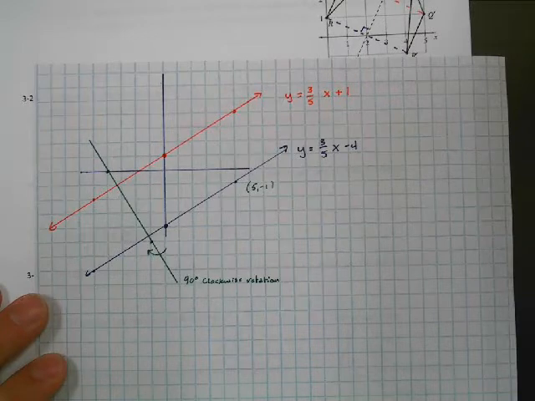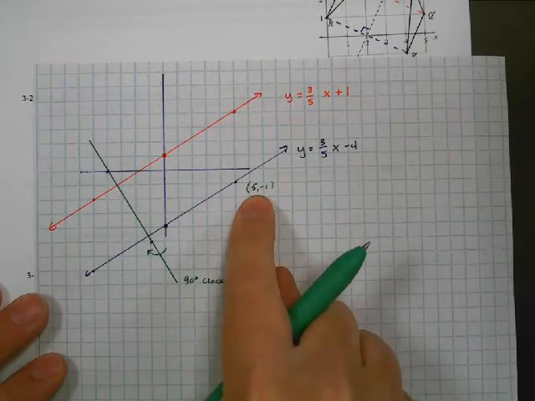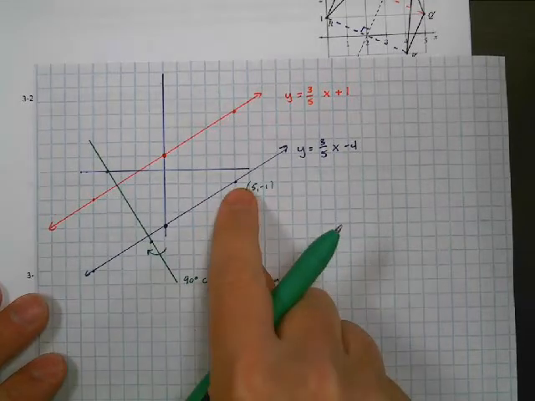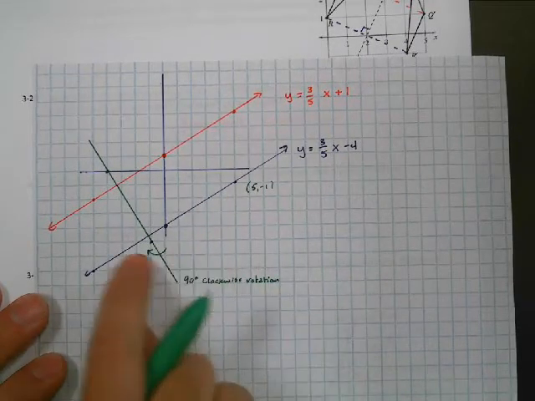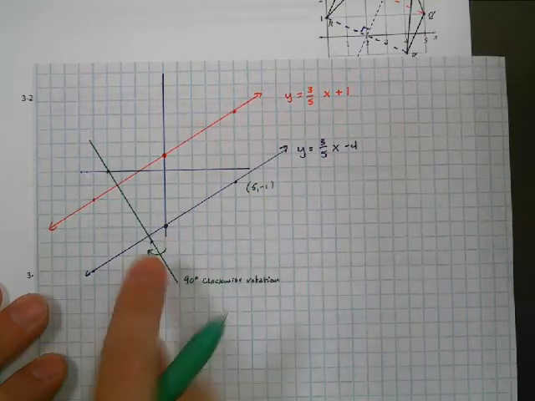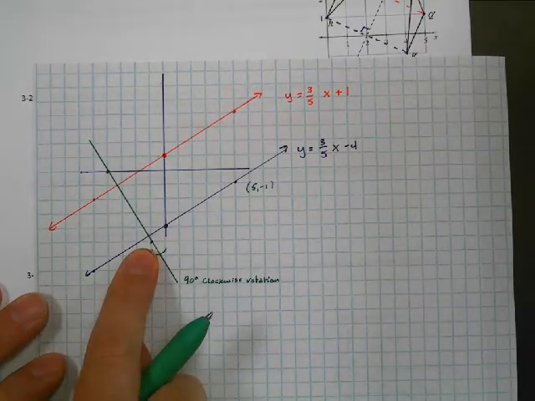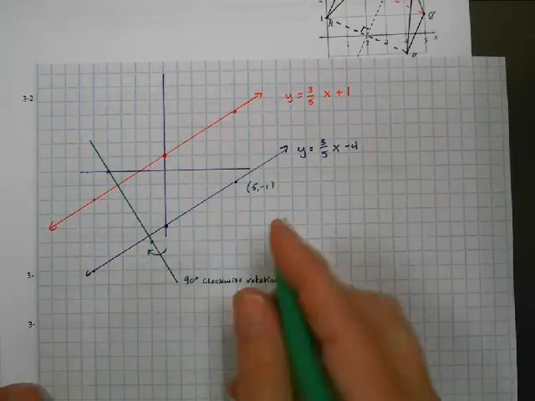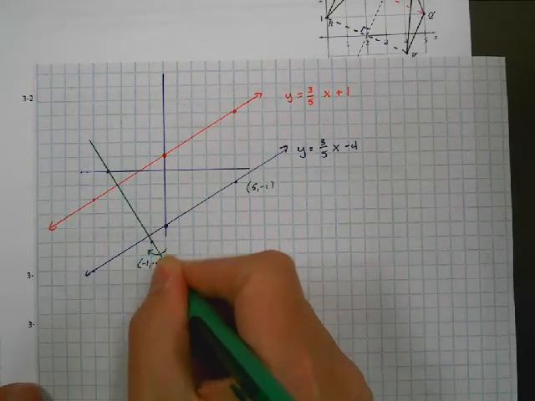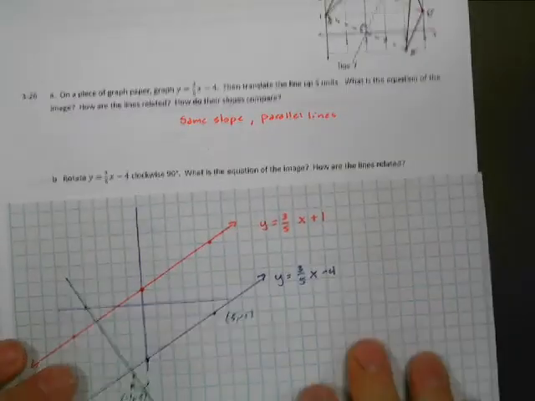Remember, one of the ways to find out what the new coordinates are, if we're going 90 degrees, the x and the y were always changing. And if you know that you're going to be in this quadrant here, 5, 1 becomes in this quadrant -1, -5. So we're just switching the x's and y's there. So -1, -5. Anywho, moving on.